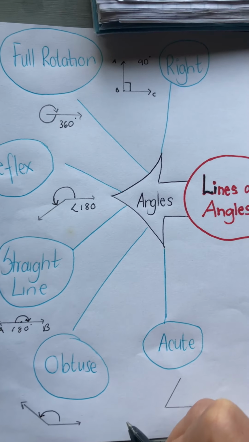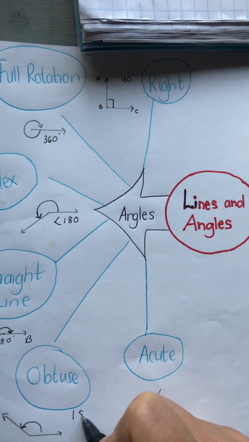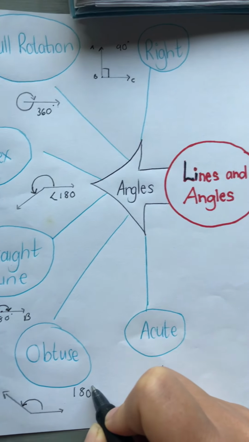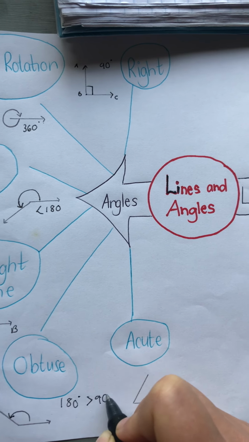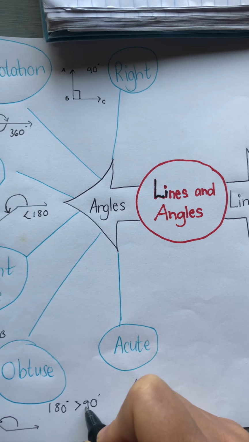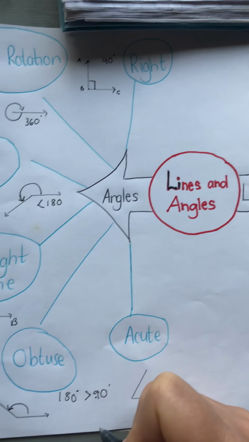So we can write that like this, 180 degrees, 90 degrees. So in other words, it's bigger than 90, but not greater than 180 degrees.